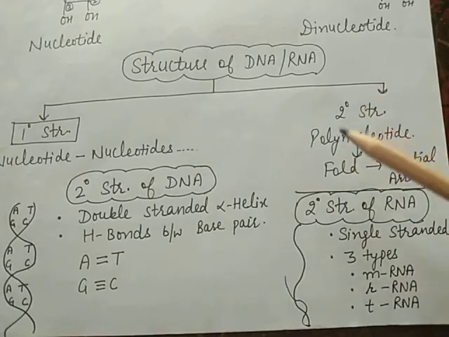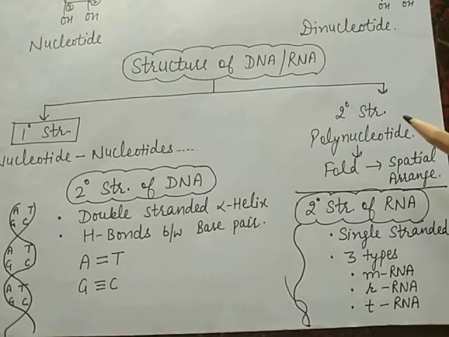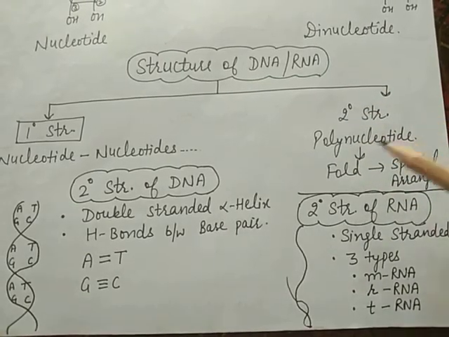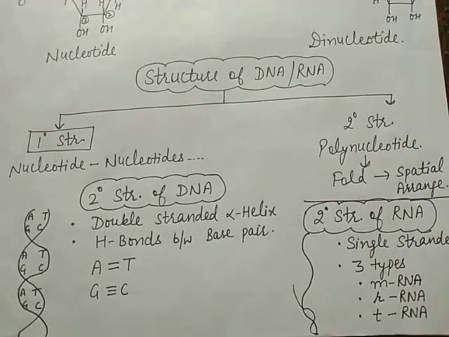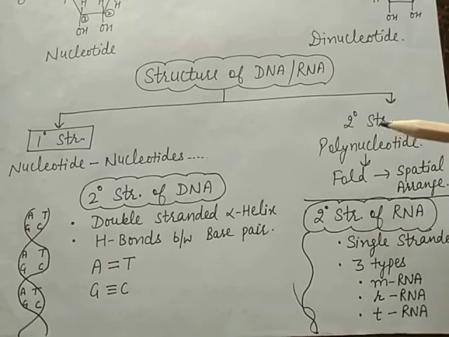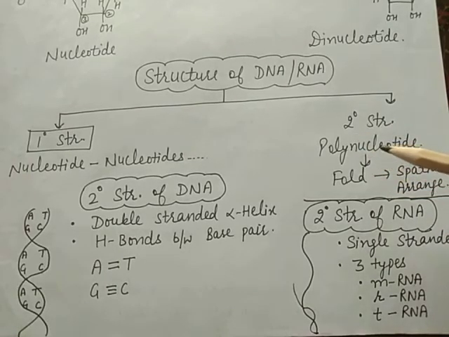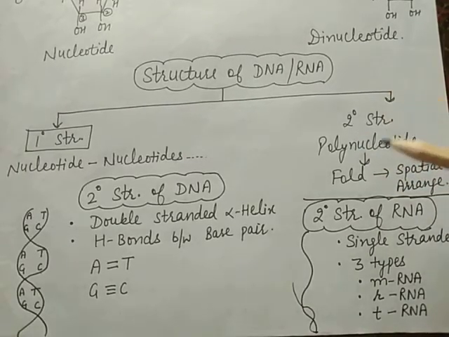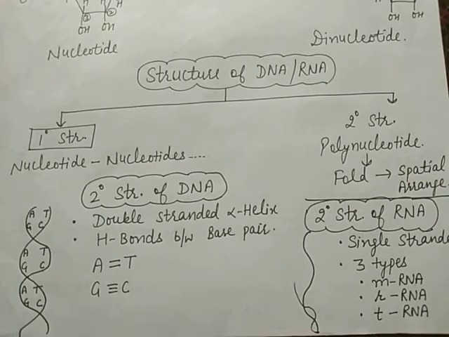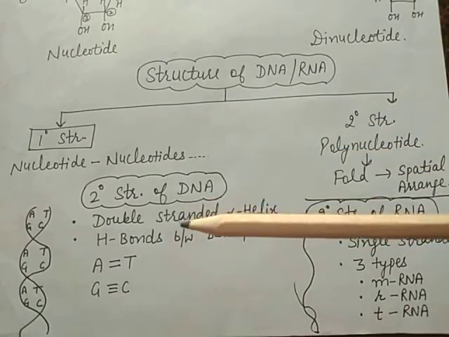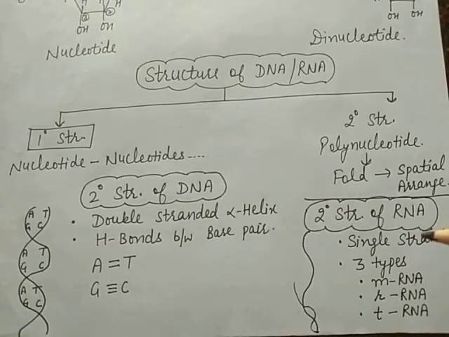Now the next is the secondary structure of DNA and RNA. It consists of polynucleotide chains. In polynucleotides, the nucleotide chains are folded and arranged in a double helix manner.